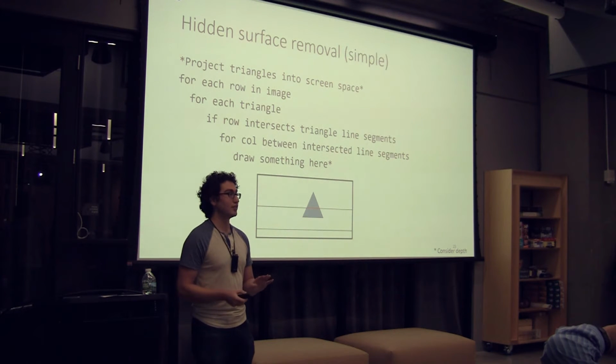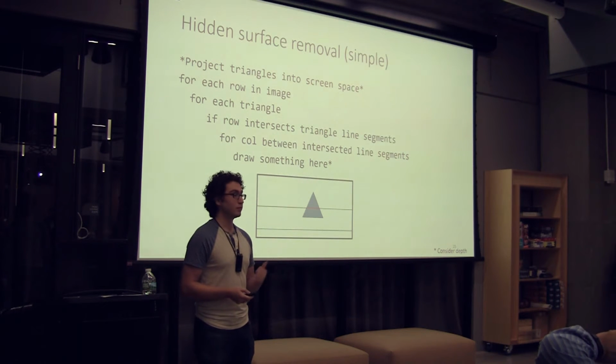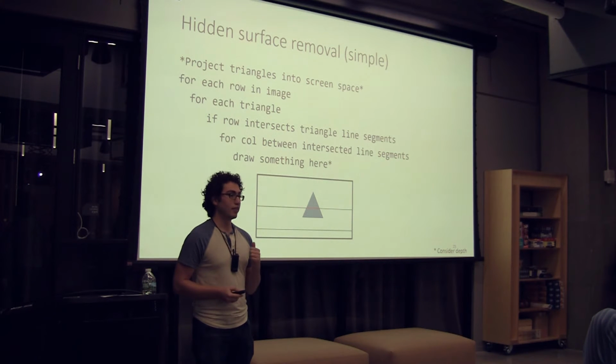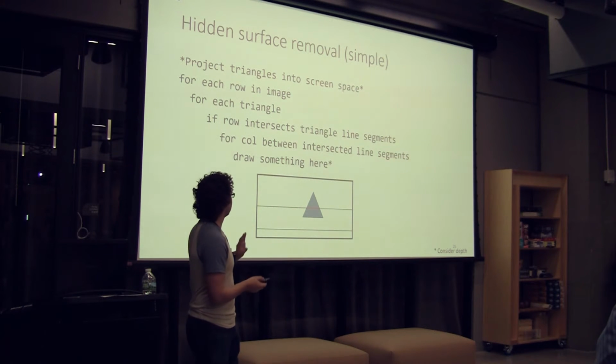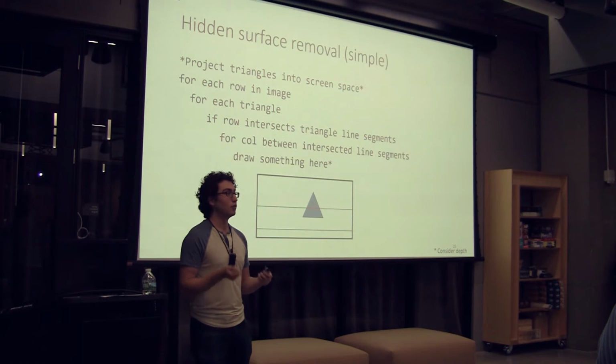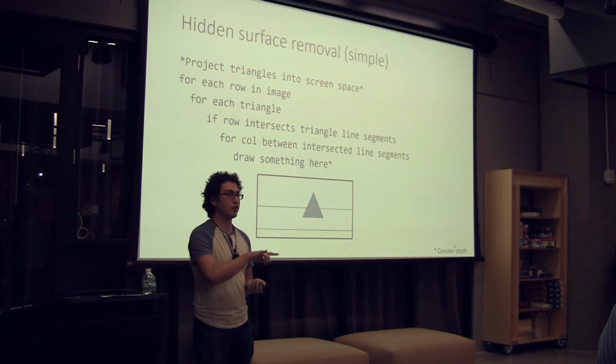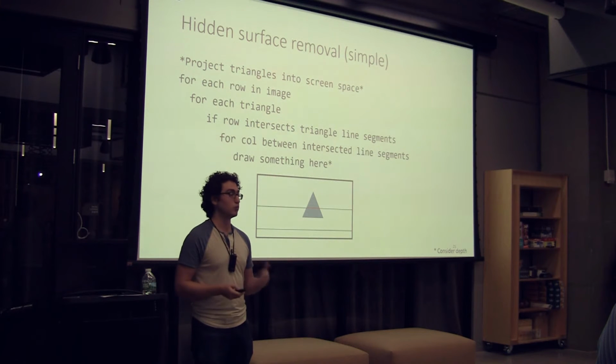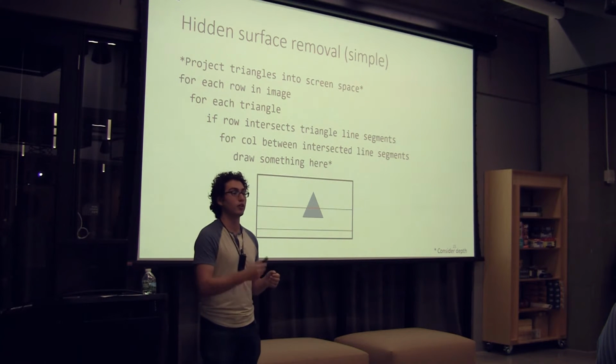So this is really good. This works really well. Then we do the draw something here bit, and we have one extra trick: once we know where the line segments intersected, we can just iterate over the columns between those two intersections, which is way better than iterating over everything.